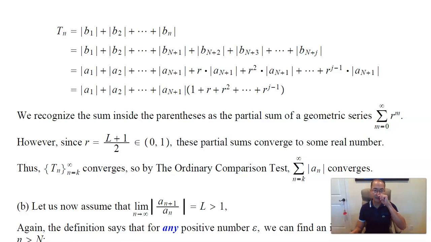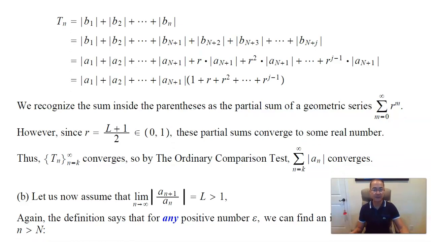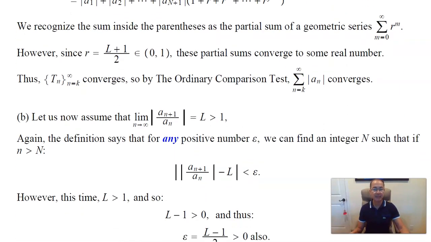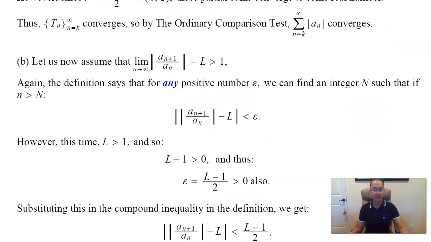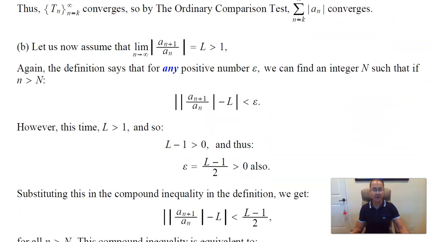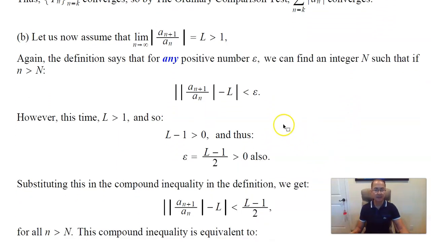All right, so now what happens if our limit is bigger than 1? So we're going to go through the same argument, except there's a difference that L is bigger than 1. So this time, L is above 1, so L minus 1 is positive. Our epsilon will be L minus 1 over 2. Last time it was 1 minus L over 2.